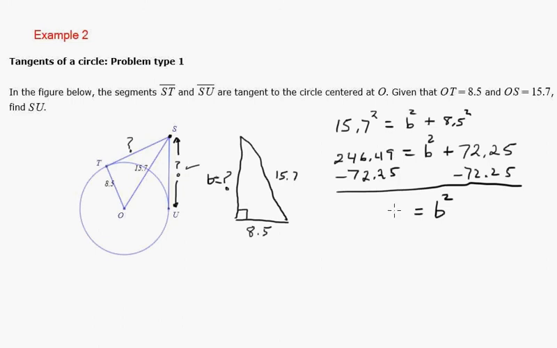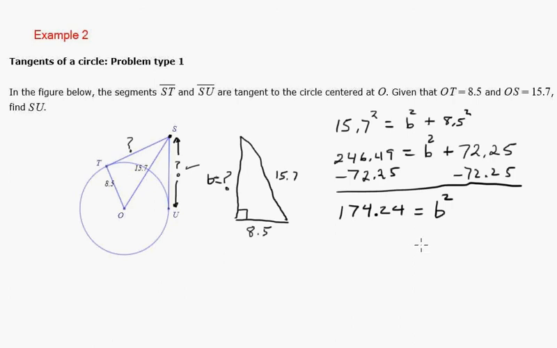Now, 9 take away 5 is 4. 4 take away 2 is 2. 6 take away 2 is 4. And 24 take away 7: if I take away 4, then I need to take 3 more away, so that's going to be 17.